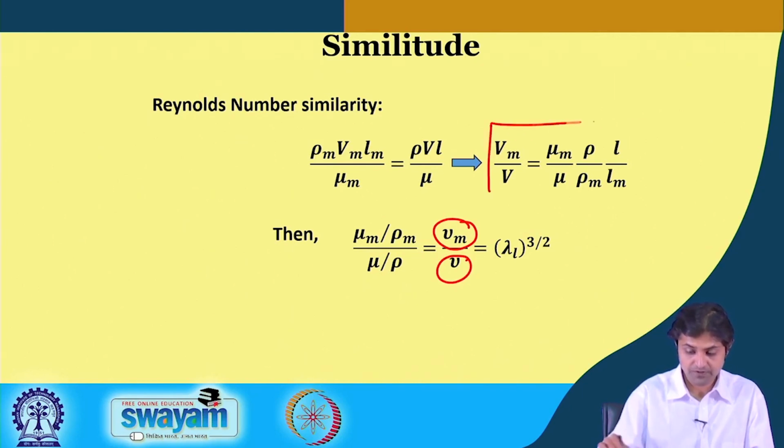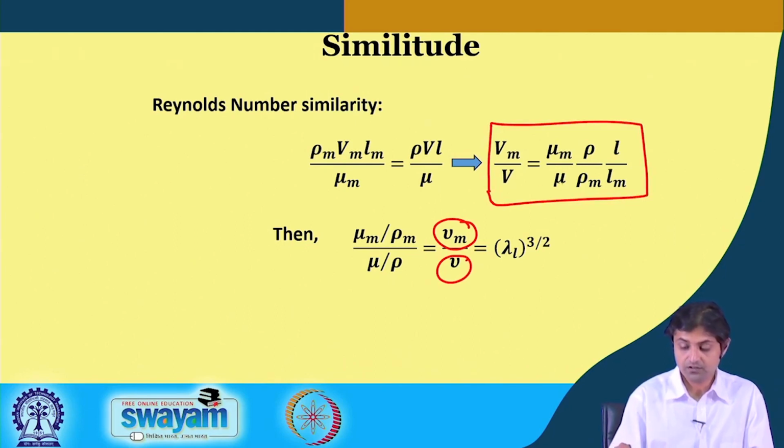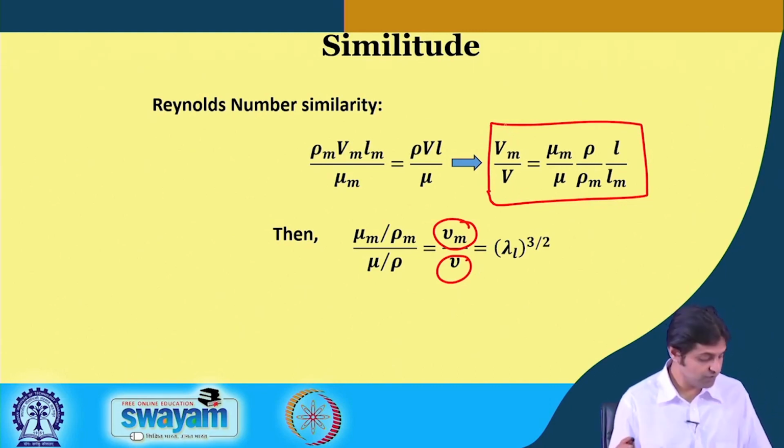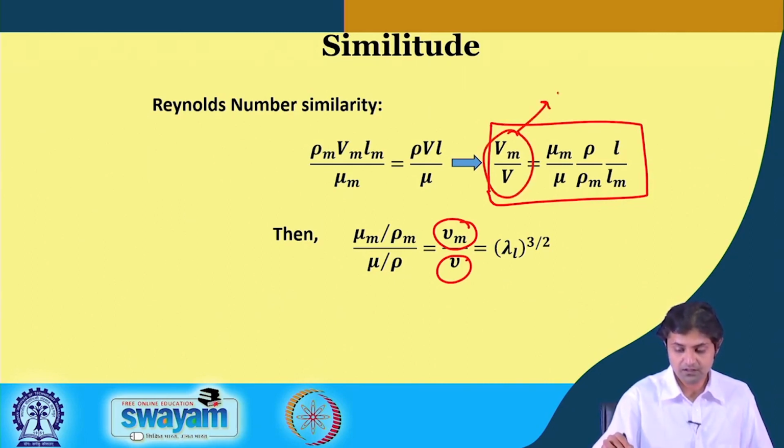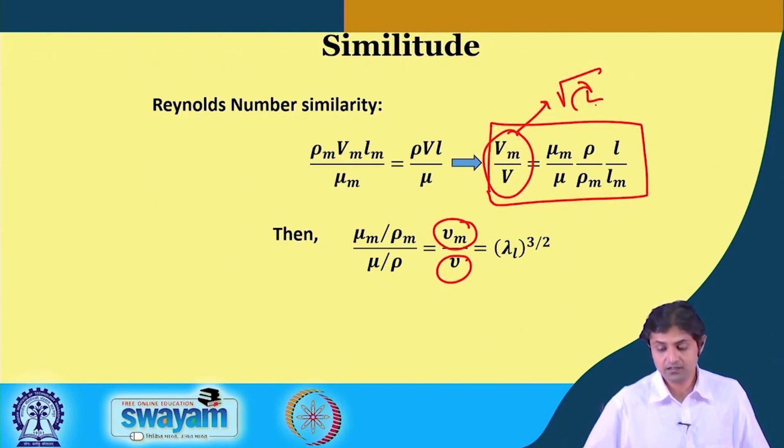I will just show this, because we have skipped something here, so you won't understand otherwise. Vm by V we already know from the Froude number similarity, right. What was Vm by V? Under root lambda L, correct, and this is 1 by lambda L, correct.